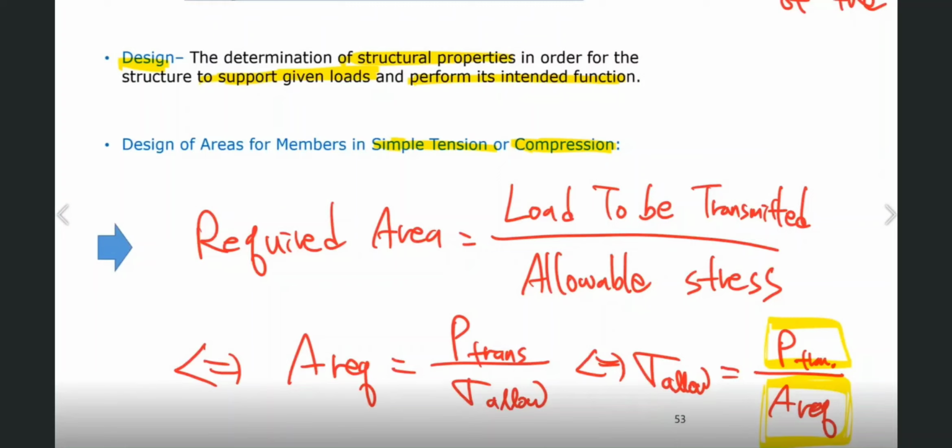And if we know the transmitted loading condition and allowable stress, then we can define the required area. So if we can define two of the three, we can properly design a mechanically durable and mechanically robust structure. All right.